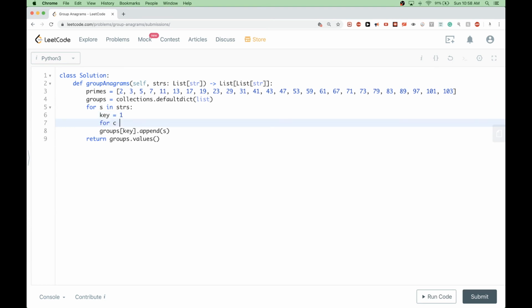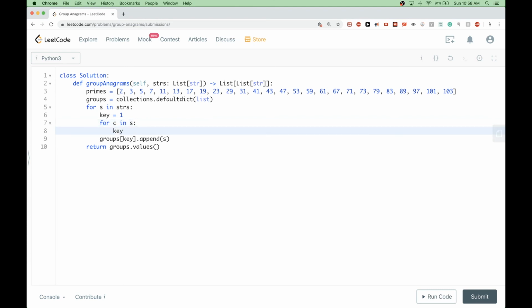And so what we are going to do is, for each character in the string, we are going to multiply by its prime representation, so we can get all the products of that character occurrence, right? So that would be primes of, and the same way we did earlier to obtain the index in the array, we are going to do the same thing here, minus the order of a, and that gives us the index.